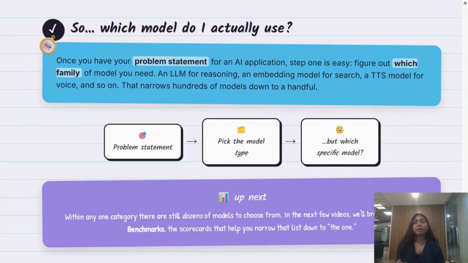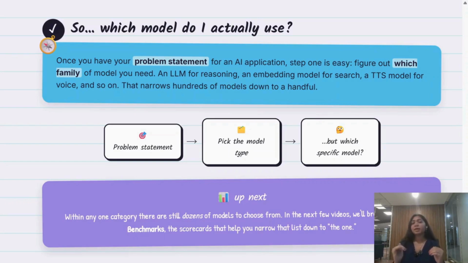Next time you think about an application and define your problem statement, like you need a chatbot, then you need a conversational model. If you need to go through lots of PDFs and answer questions based on those PDFs, then you will think about embedding models. If you need a voiceover, you will search the text to speech models.